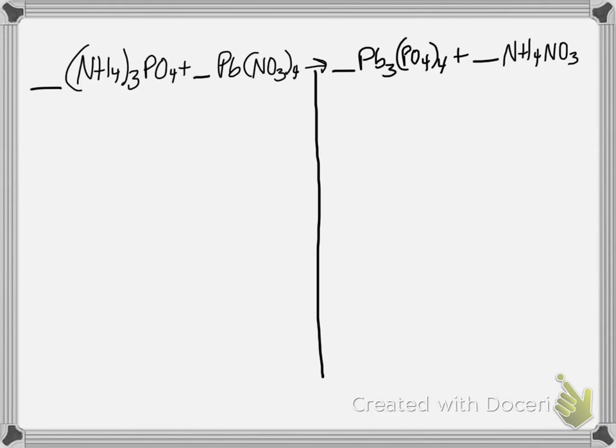So here we have ammonium phosphate reacting with lead-4 nitrate to form lead-4 phosphate and ammonium nitrate. Here's the question that everybody asks right off. Do we have to break up all those elements?